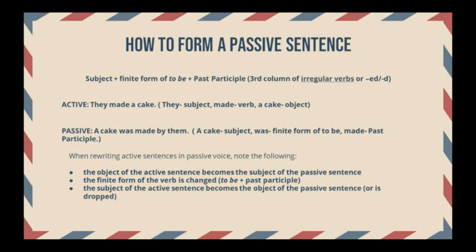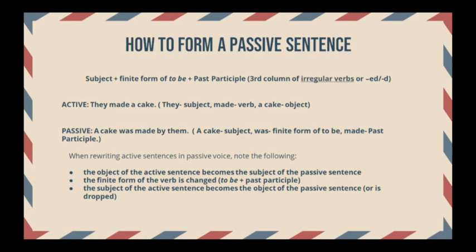Then this active sentence, if we want to put it in passive form, you have a cake was made by them. So here a cake is a subject, was is a finite form of to be, and made is a verb in the third column. Please notice this: when we're writing active sentences in passive voice, the object of the active sentence becomes the subject of the passive sentence.